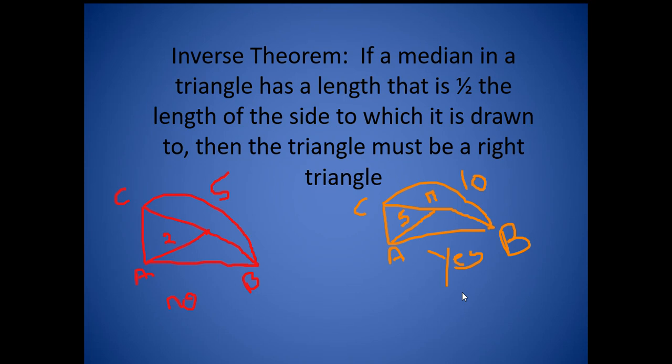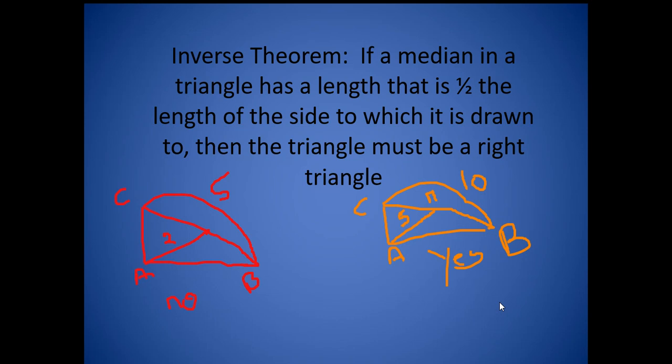So what does it mean? How many methods do you have to prove a right triangle? Sure, we have the famous method: if I have a 90-degree angle, I can prove a right triangle. If I have the three sides given, what should I use to prove if it's a right triangle?